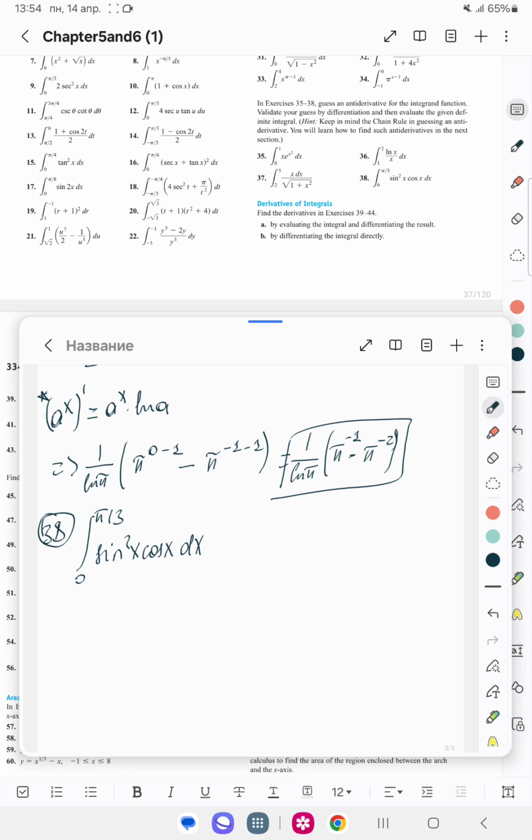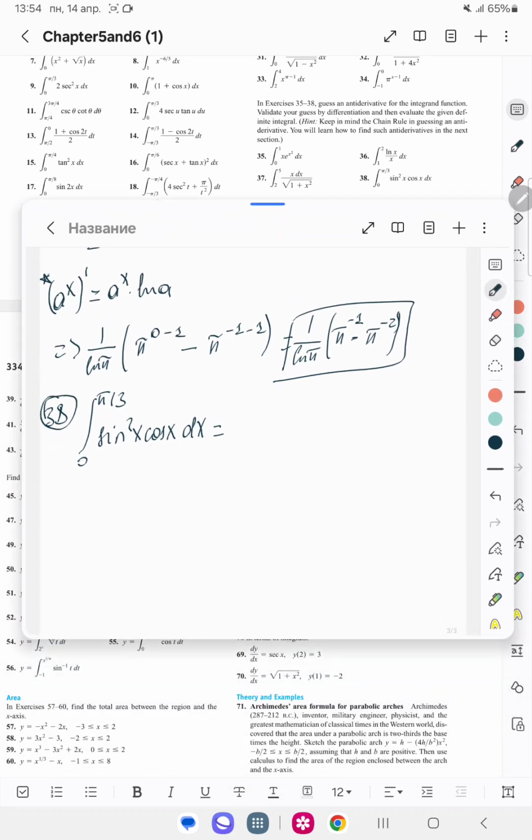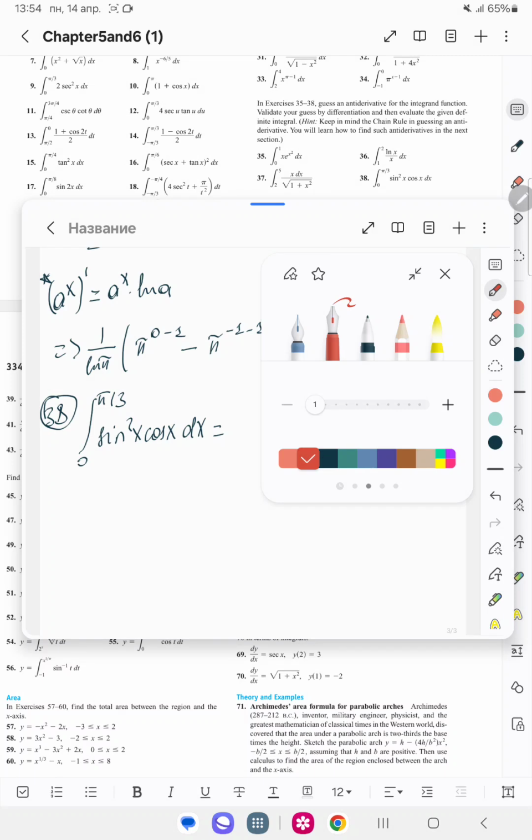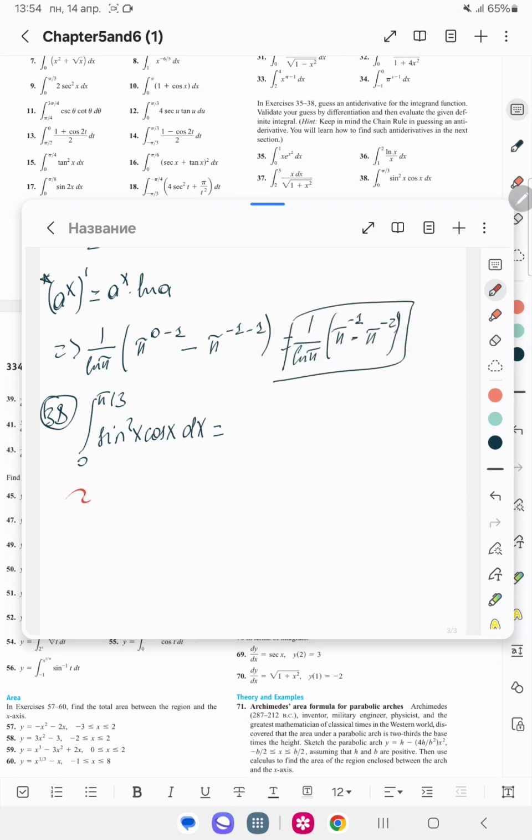What I'm gonna do, the thing I should know is to remember the chain rule. That's a very good question, by the way. We know that the derivative of x to the n is n times x to the n minus 1.